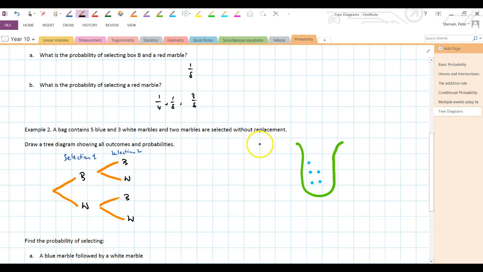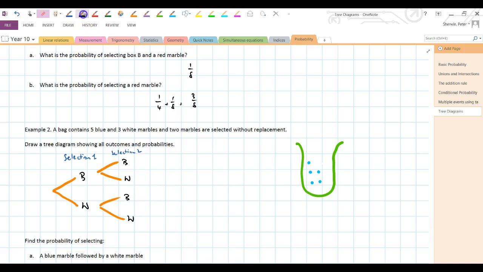And they're all going to change because the balls are not being put back in the bag. So if you like, this one here is actually the probability of blue given white, just to bring in some conditional probability that we looked at before. So that would be that branch there.